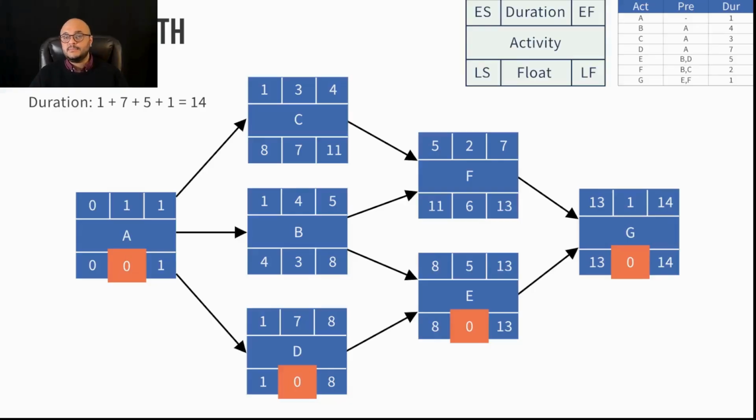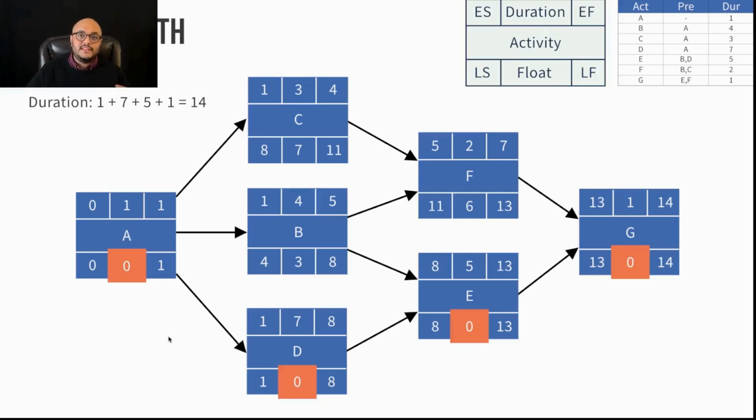It's the longest path through my project through which any activity that gets delayed will delay the entire project. To put this into action, think about it. If activity D has a float of 0, if I delay activity D by 1 day, what's going to happen? It's going to delay the entire project because it doesn't have a float. It's a float of 0.